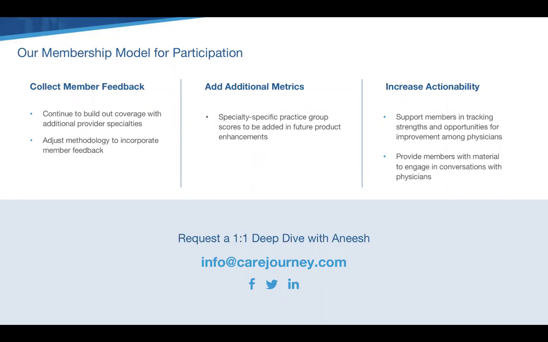Thank you, Anish. Another question is, if I was a CareJourney member, how would I receive this data, and how often is that data and the scores updated? CMS publishes quarterly updates on fee-for-service data in roughly 6 to 8 month lags.